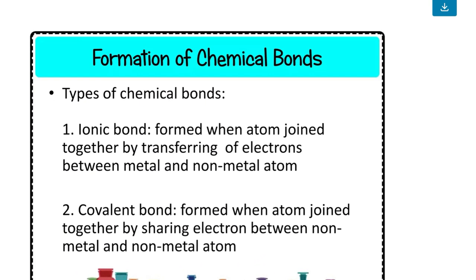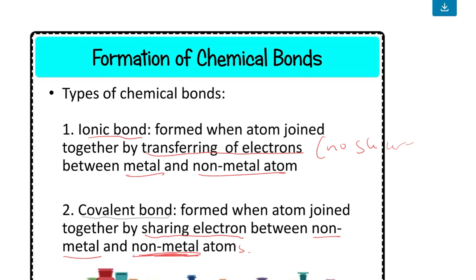Okay, so we already know what a covalent bond is. The covalent bonds are sharing electrons between nonmetal and nonmetal atoms. Okay, we just talked about those. Now we're going to start talking about ionic bonds. Ionic bonds are when a metal and a nonmetal chemically react with each other by actually transferring electrons, not sharing electrons.